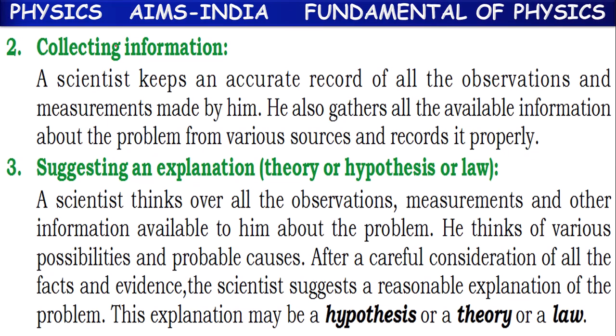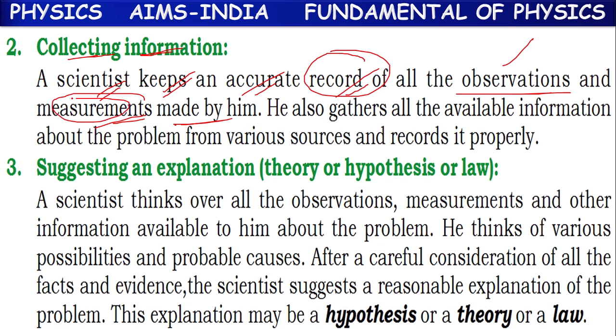Next, collecting information. A scientist keeps an accurate record of all the observations and measurements made by him. So he will maintain a record of what he is observing and what measurements he has taken.